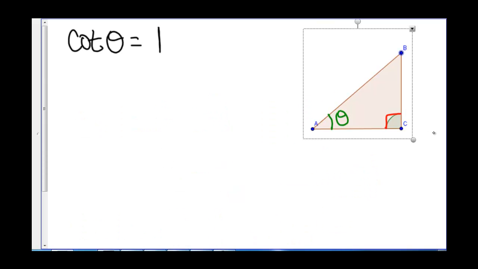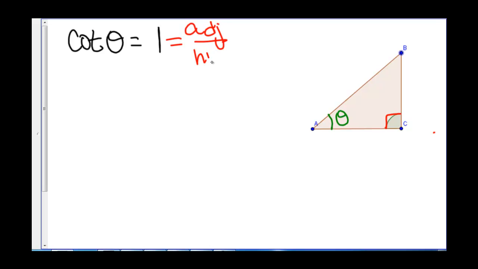So now let's have you try one. Let's say you're given the triangle and you're told that cotangent of theta equals 1. So go ahead, pause the video, try this on your own, and when you're ready, come back to us. Alright, so we know that this is equal to adjacent over opposite.